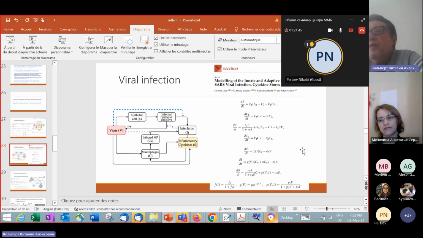So I don't have an exact understanding whether we need to write this minus EV or not, because the vast majority of viruses are not concerned. So maybe yes, maybe no. The model becomes more complex, and I don't know whether the addition of this term gives something. But in some other works, I think we indeed take into account virus depletion while it enters cells.